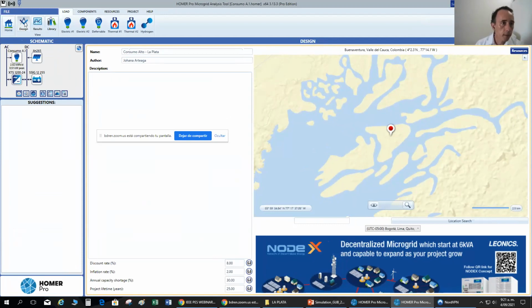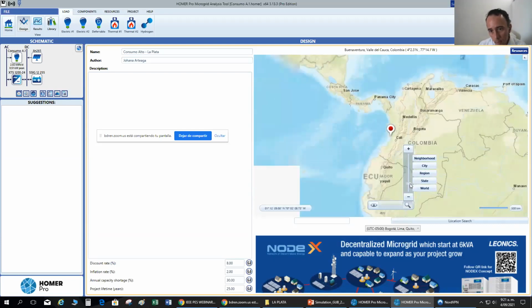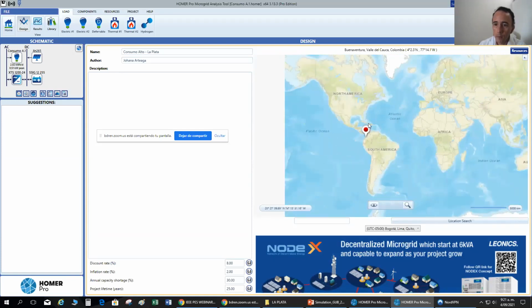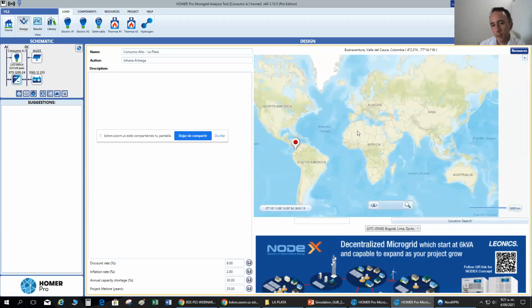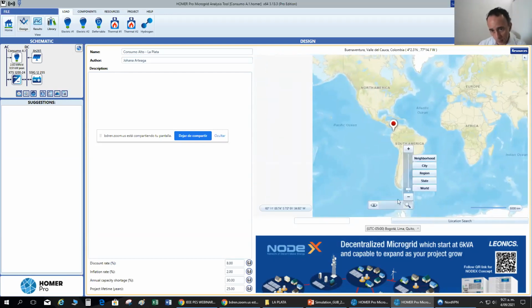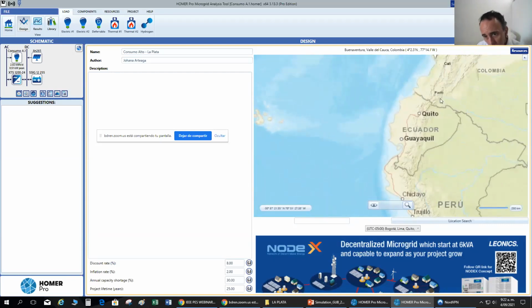The first part is the home place, and in that map we could decide what part of the world we are going to make the simulation or the optimization, and then using the scope be closer to the place.